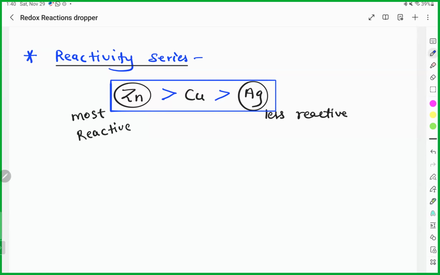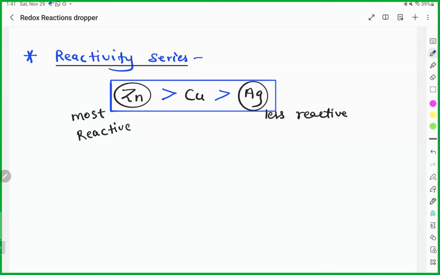But if a person at the age of 50 did everything and he wants to enjoy the same life that you are doing at the age of 18, he can't. You can replace him, he can't replace you. Same thing is happening here. It's all about life. So zinc, the most reactive, can replace less reactive. Like if you are funny you can replace a boring person, but a boring person cannot replace you.